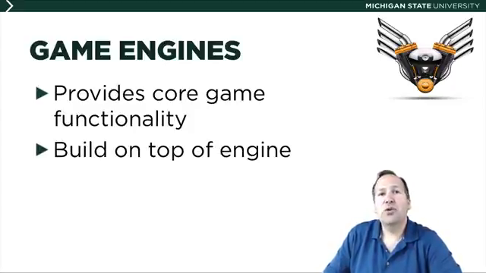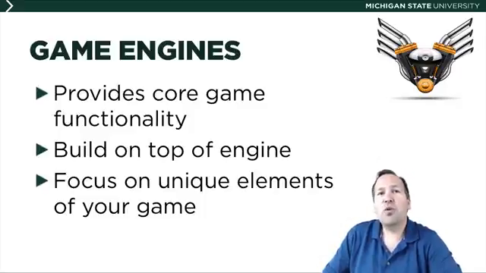And then when you're creating your game, you build on top of the game engine. This is very similar to the concept of an automobile, where an auto manufacturer creates an engine and then builds multiple different types of cars on top of that engine. So what the game engine allows us to do is to focus on the unique elements of our game without having to worry about this core game functionality that really transcends many, many games.